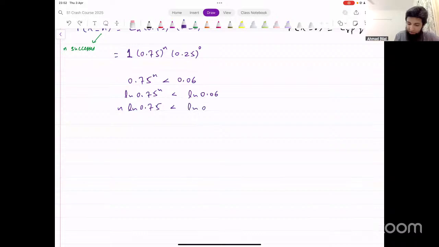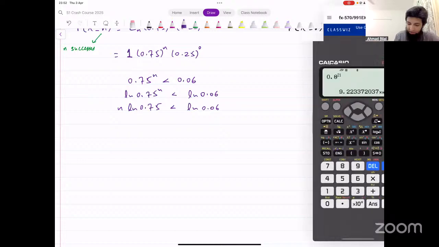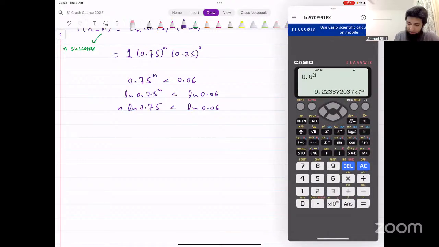Let's evaluate them and see what they turn out to be. Ln of 0.75 is minus 0.2877, that is less than ln of 0.06, which is minus 2.813.